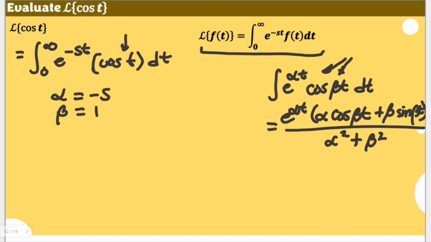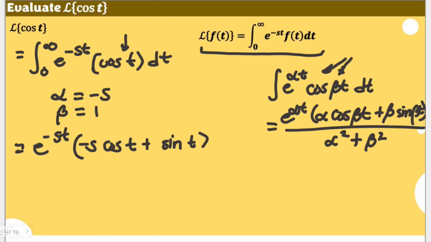So using the formula, we will have e to the power of alpha, that's negative st, times alpha is negative s, cosine of beta, that's 1 t, plus beta, which is 1, and sine of another beta 1 t all over the square of alpha, or in this case, the square of negative s plus the square of your beta, which is 1.